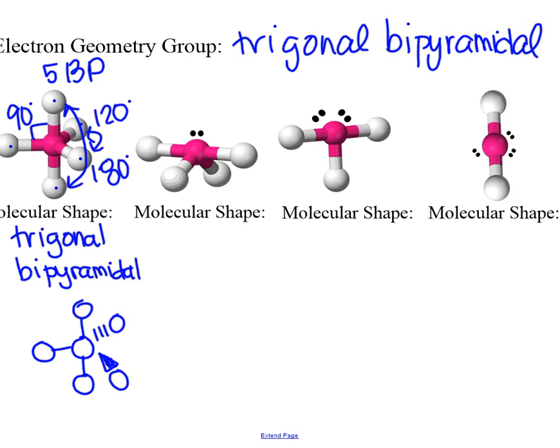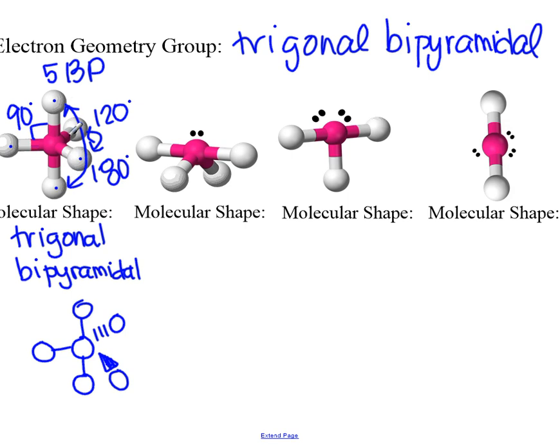Now, let's look at what happens when we start replacing bonded pairs with lone pairs. Around the equator, since the bond angles around the equator in that plane are 120 versus the North and South Pole are 180, the 180 is a larger bond angle.